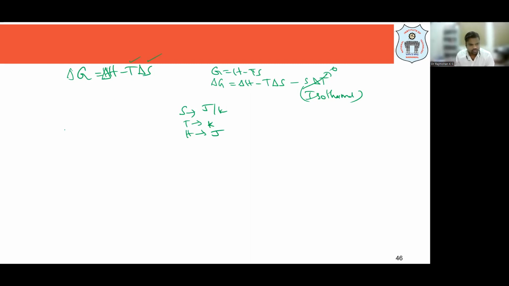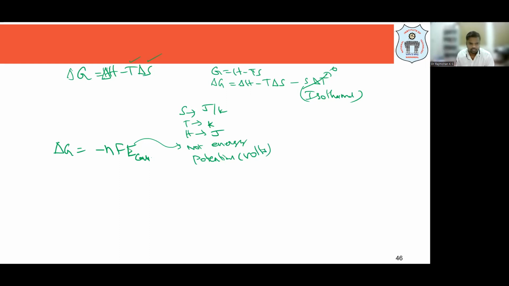By electrochemistry, we know that delta G is equal to minus nFE of the cell, for reversible reactions. Here this E is not energy, whereas it is the potential in volts.